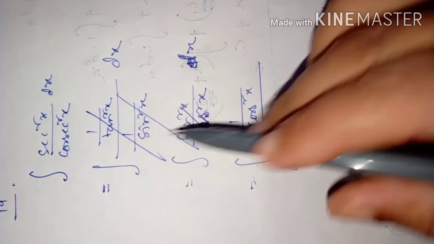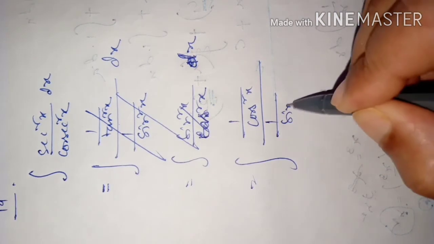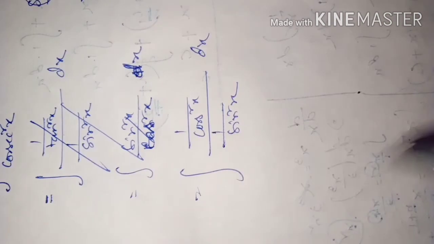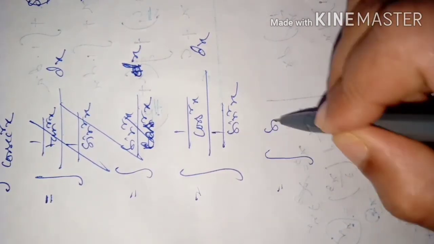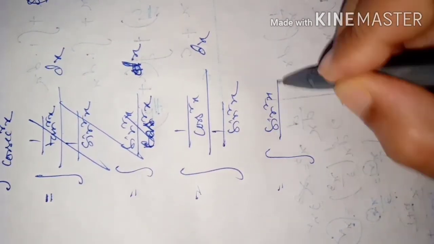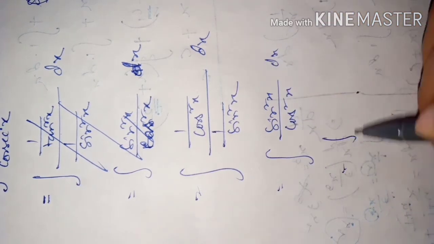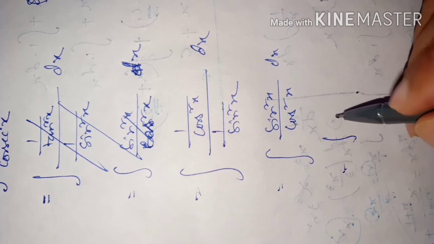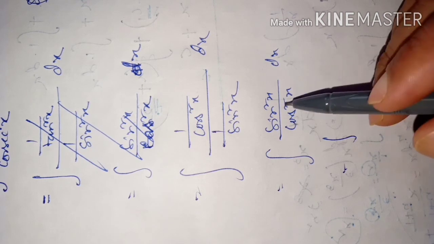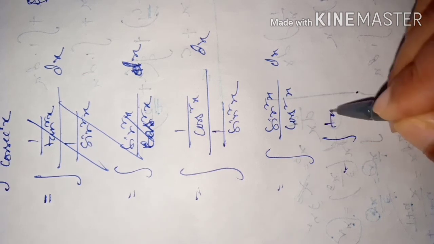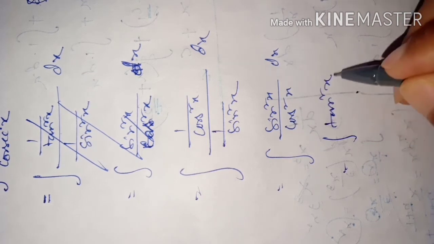So cosec square is 1 by sin square dx, then it becomes sin square by cos square. Sin square by cos square means tan square. So the integration is of tan square dx.